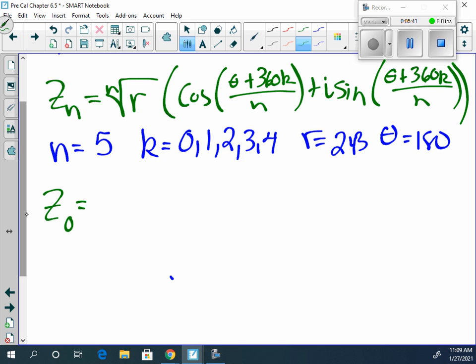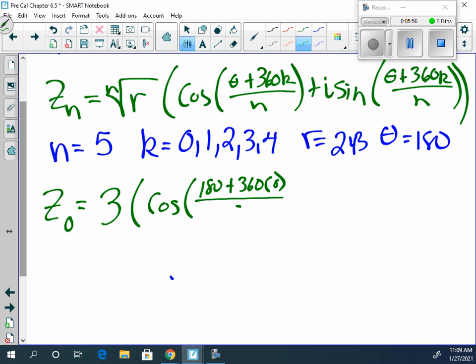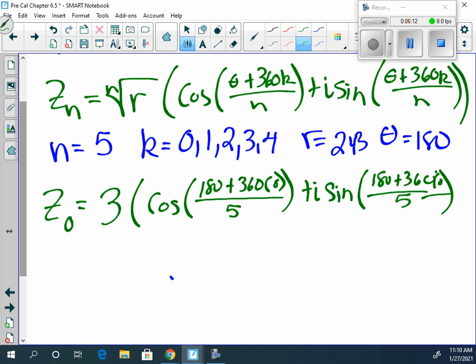We don't need to rewrite that, we can just say it's 3. So go on and simplify it. Now we have cosine of 180 plus 360 times 0 all over 5, because that's the number of roots we're taking, plus i sine of 180 plus 360 times 0 over 5. Well, 360 times 0 is gone, so we're really looking at 180 divided by 5.